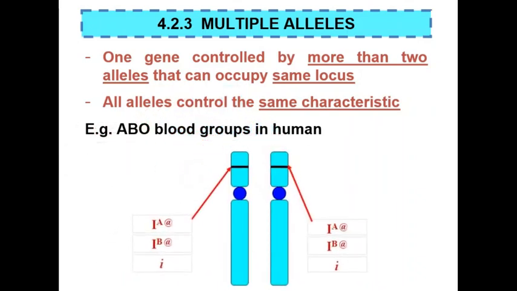Please take note that all dominant alleles are represented by capital letter I, while recessive alleles are represented by lowercase i. The types of antigen produced are represented by superscript letters A and B.